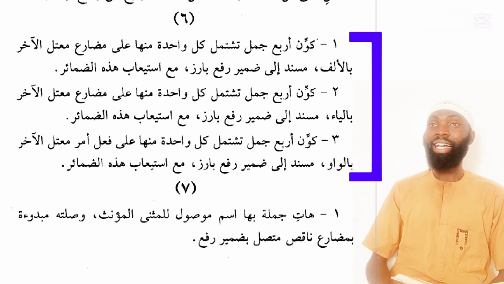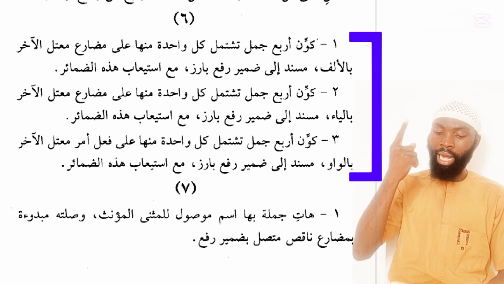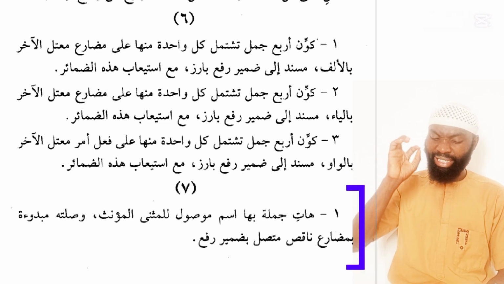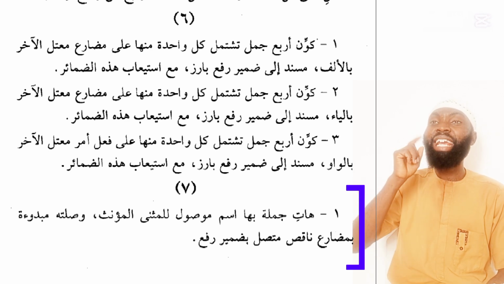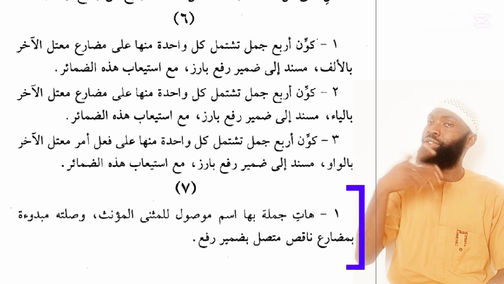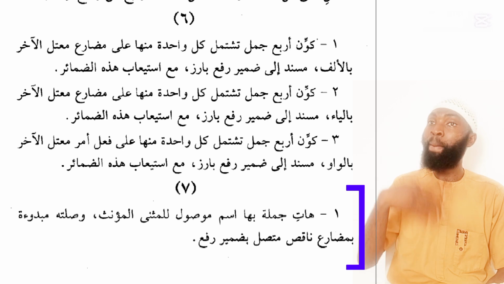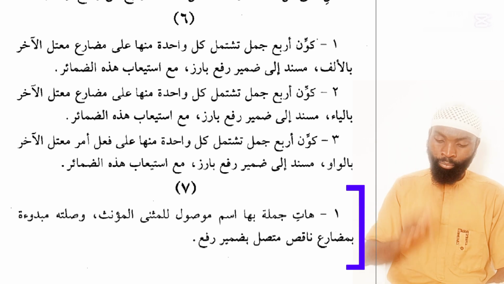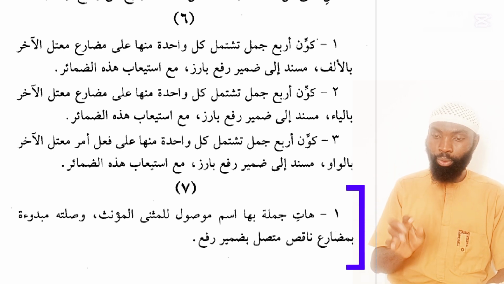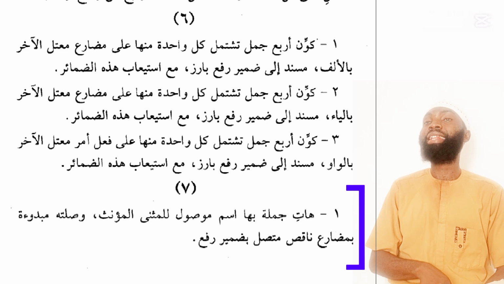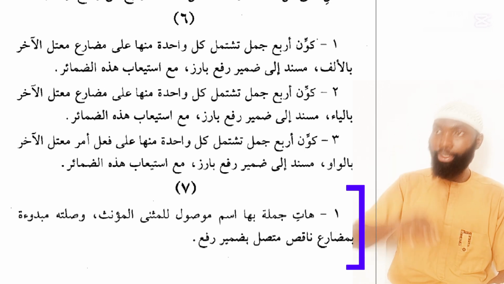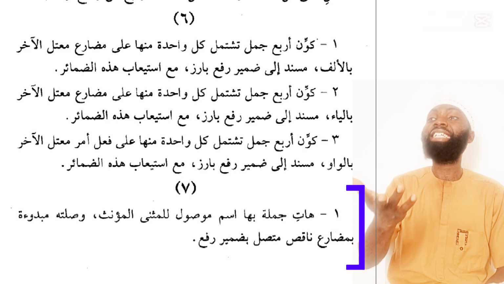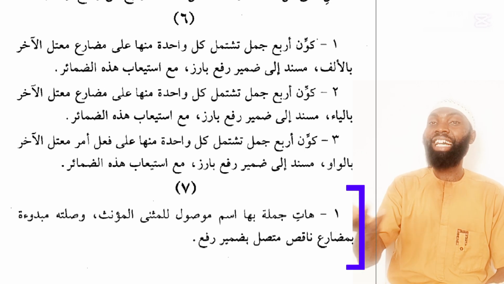Tamrin Sadis, the last exercise. The first one says Hati Jumlatan. Bring a sentence biha ismun mawsul. The sentence should have a relative pronoun. We already know relative pronouns like alladhi, allati, man, ma, and the rest of them. So this relative pronoun lil muthanna al muannatha should be for the dual feminine, and that is allatain, allatani.